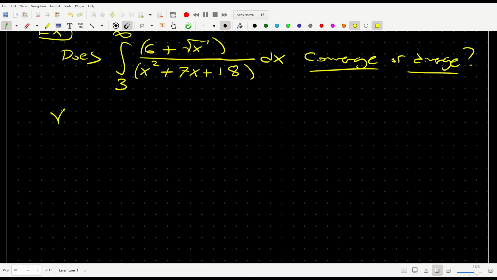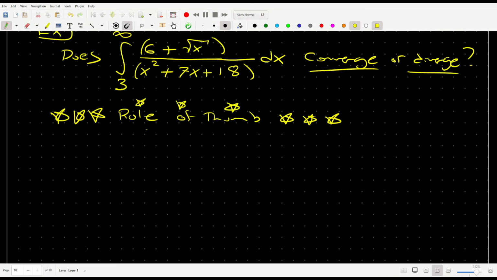And again, all we want to do is start by using our rule of thumb to determine whether or not we think it's going to converge or diverge. Now, it's very important that you recognize this as a rule of thumb, and that we're not applying the actual limit comparison theorem yet at this initial stage.